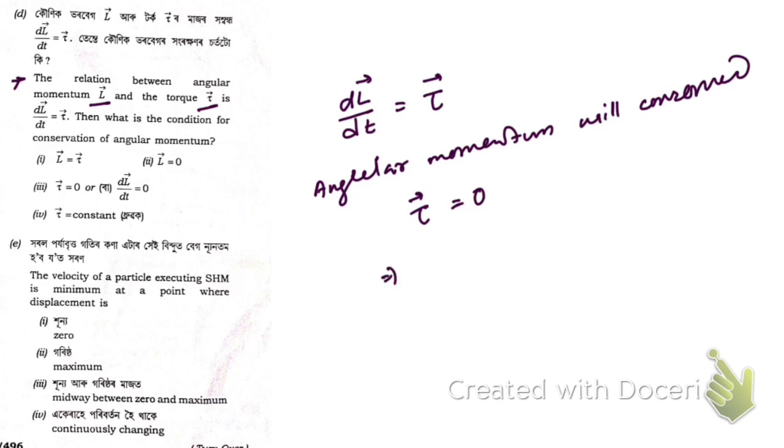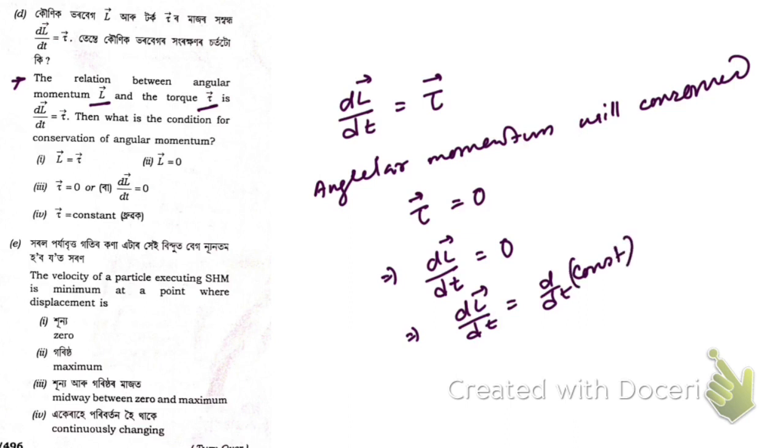Torque 0 means the derivative of L with respect to t is 0, and we know that the derivative of a constant is 0, so this implies L is constant.